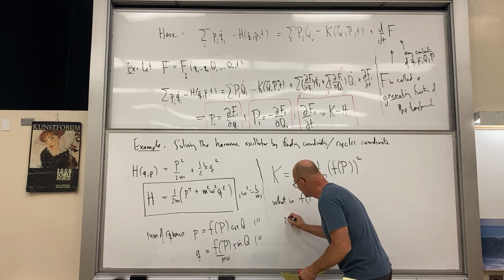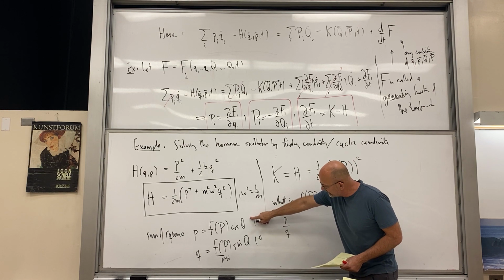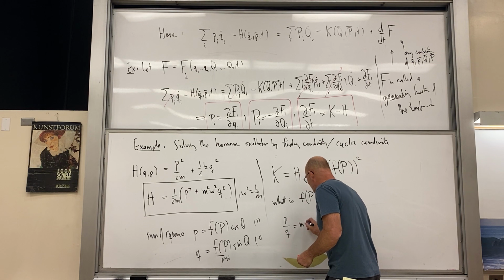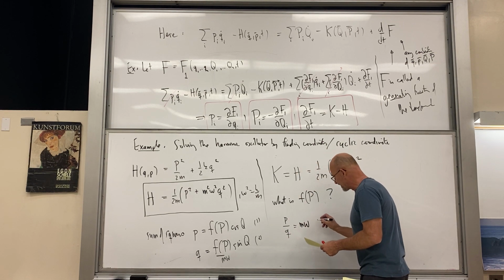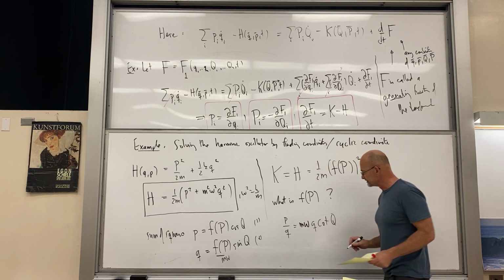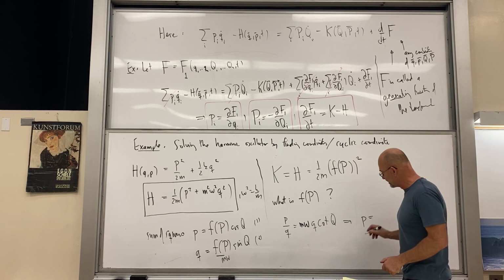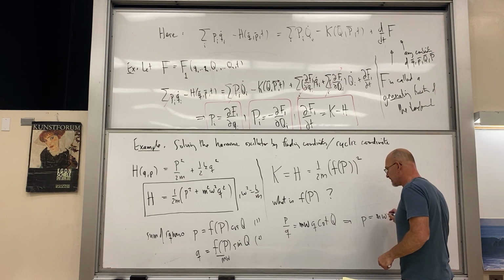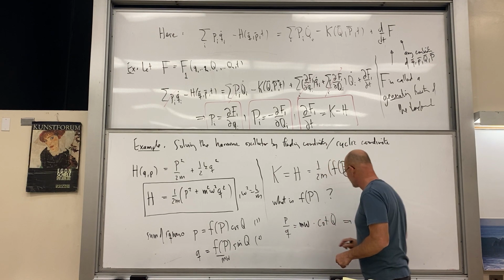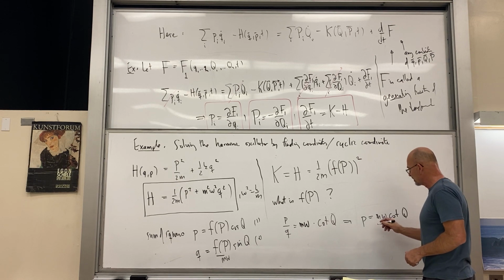So p divided by q gets rid of the f of p, and then we just have the uppercase Q. So that would be m omega cotangent Q, where p is equal to m omega q cotangent Q.